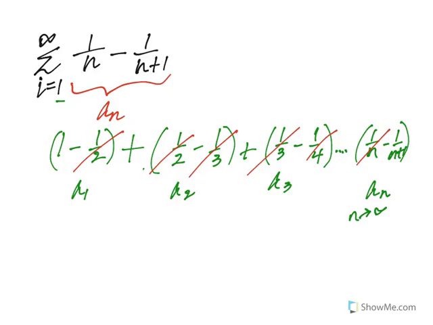What I'm left with is the first term and the last term. If n is infinitely large, the last term is 0 and the first term is unaffected. So this sum converges to 1.